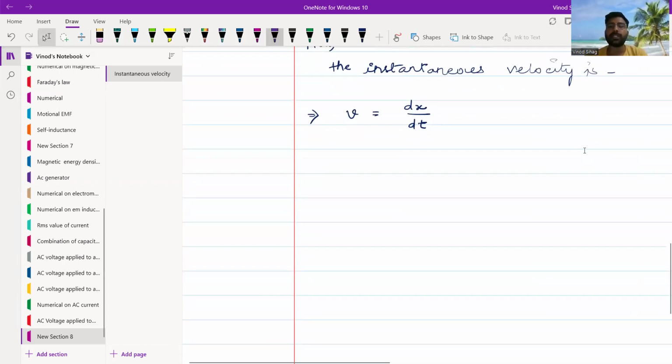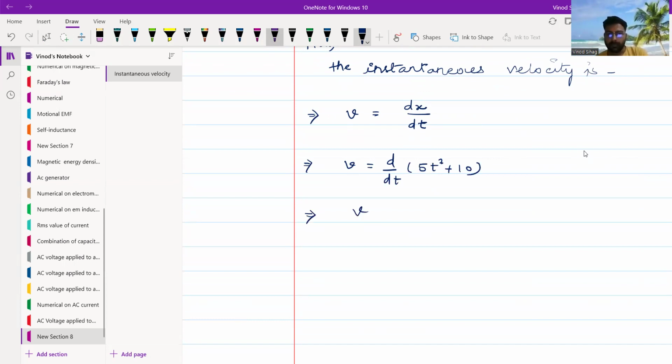That means we are differentiating the position with respect to time t. v equals d over dt of 5t square plus 10. Now we will apply just the rules of differentiation.